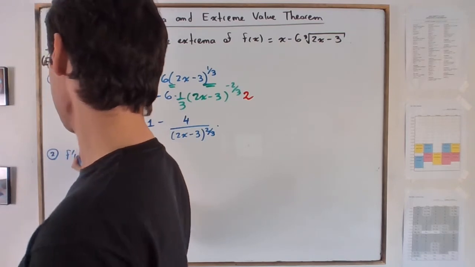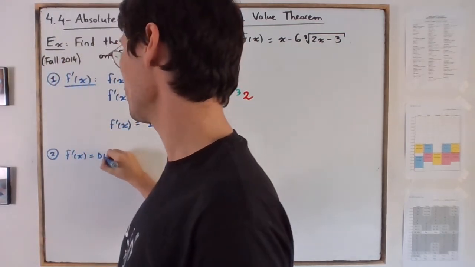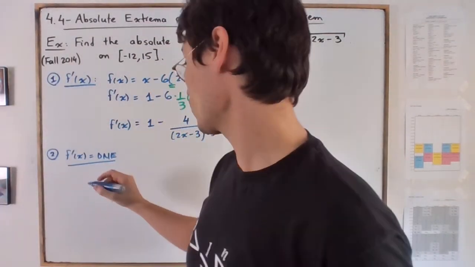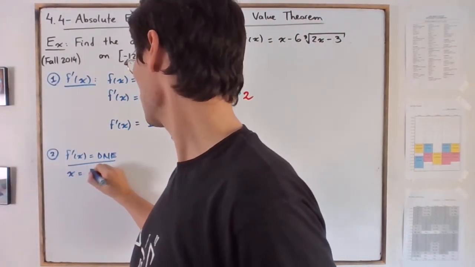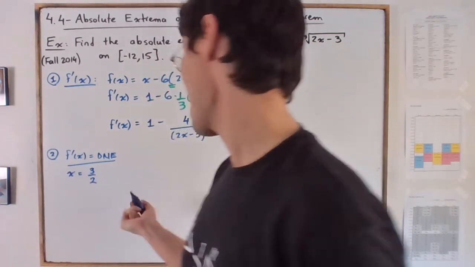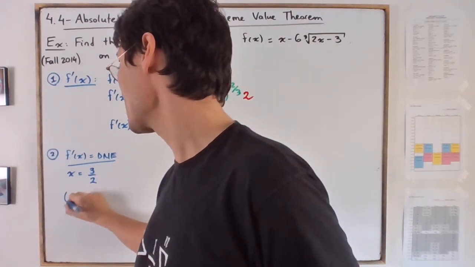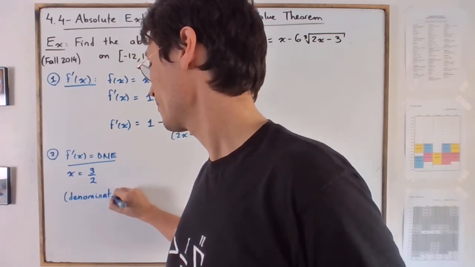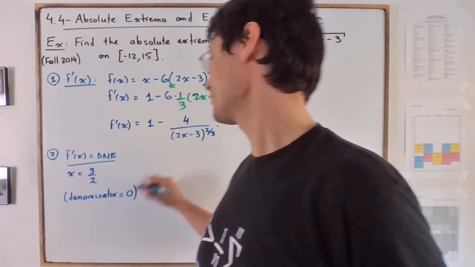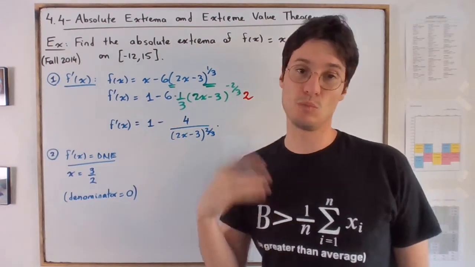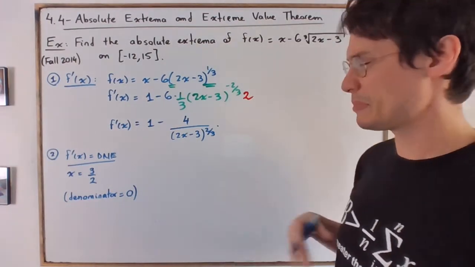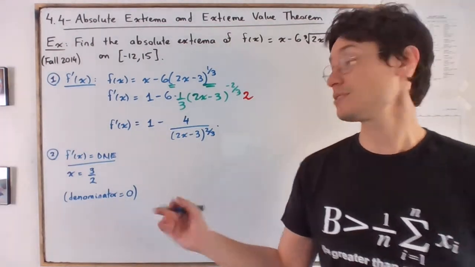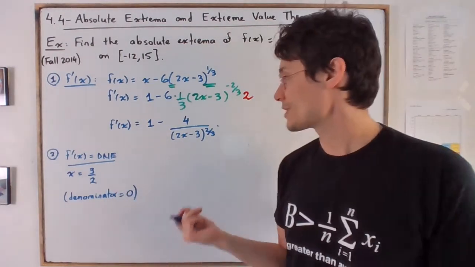So f prime of x is equal to DNE when x is equal to 3/2, because the denominator equals 0. This denominator right here is also the overall denominator, but anytime you have a denominator that's evaluating to 0, you'll reach that conclusion.